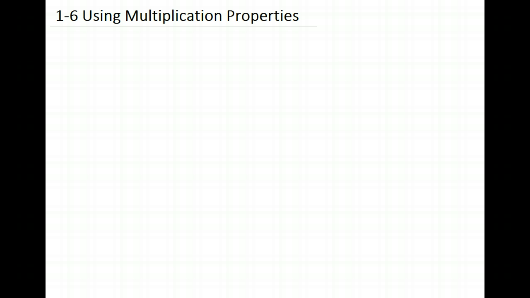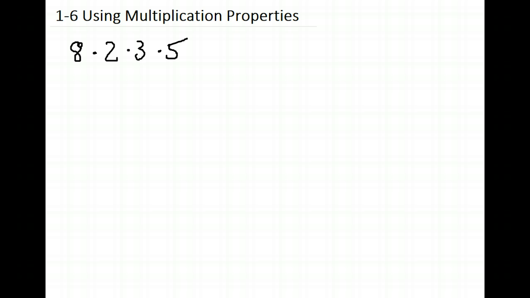Okay, so let's evaluate a couple using the different properties and naming our properties. This is on page 34, example 2. So if we have 8 times 2 times 3 times 5. The first thing we want to do is group them together to look at the easiest ways to multiply this. So let's rearrange this so we can group it so we have a 10.